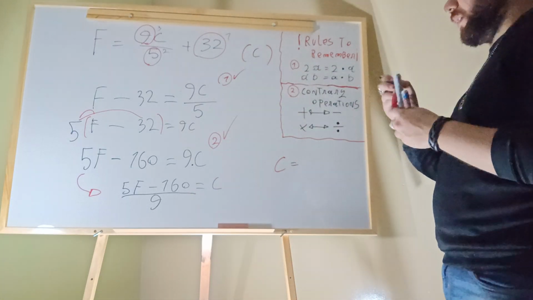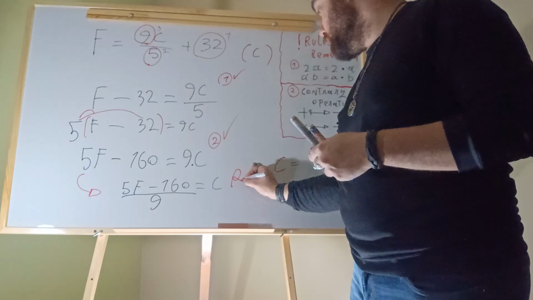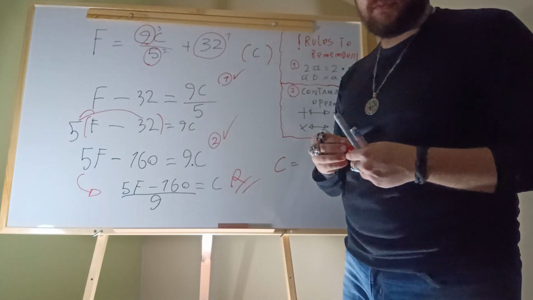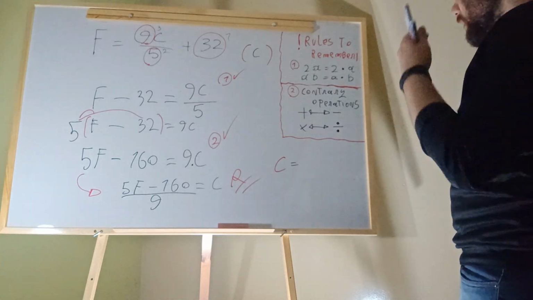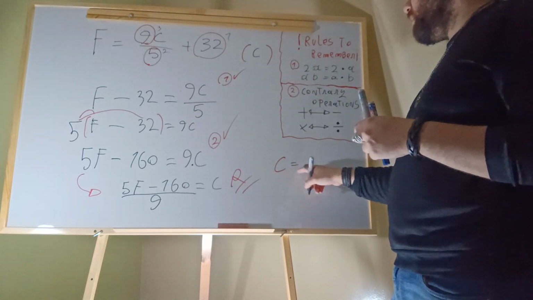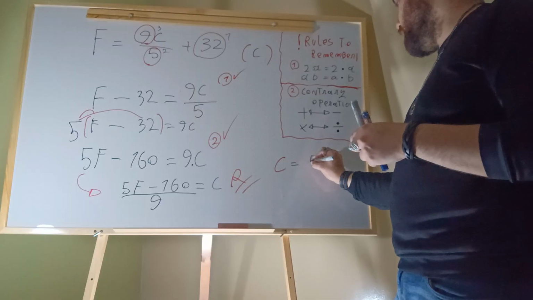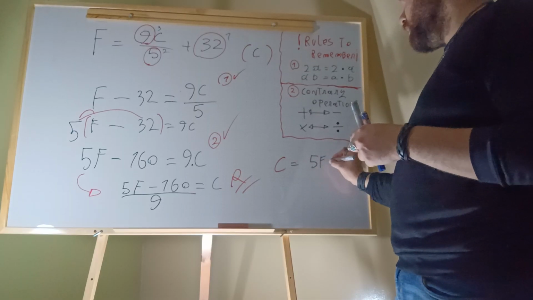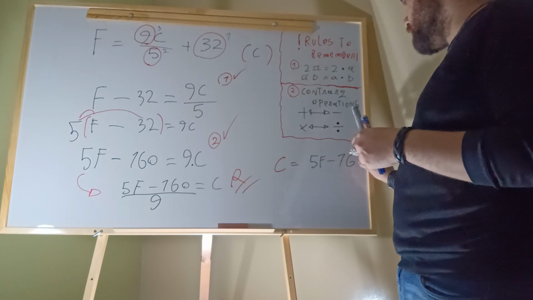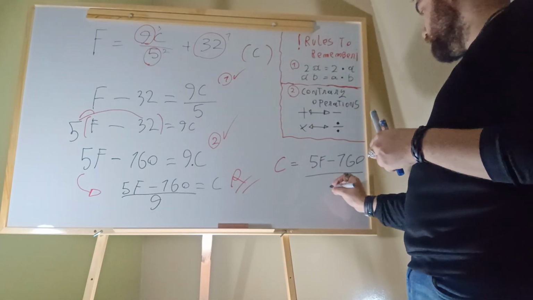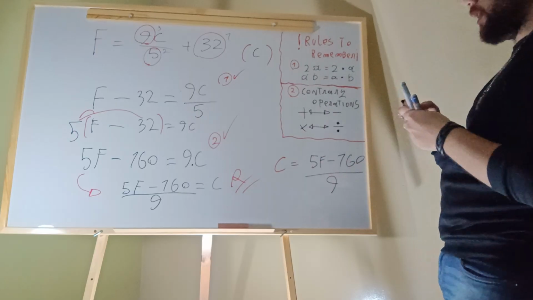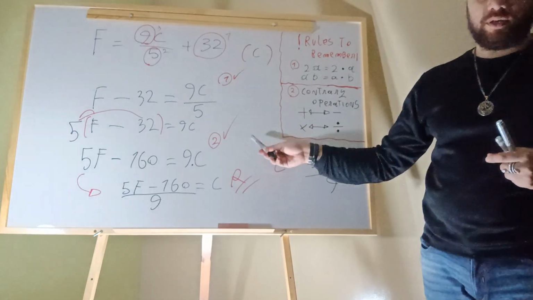Esto sería nuestra respuesta. Our answer. Now, voy a escribir la respuesta un poquito más clara. C igual a 5f menos 160 sobre 9. Esto sería la respuesta de este segundo ejercicio.